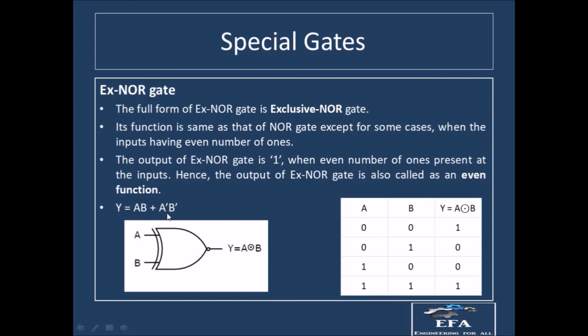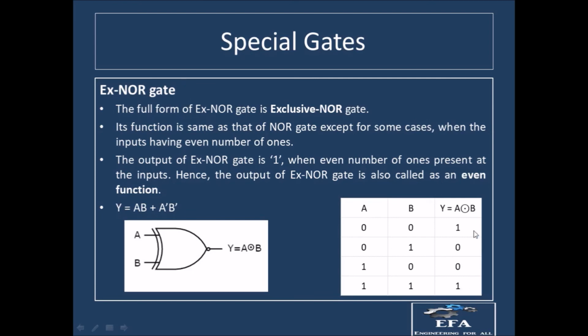Looking at the truth table, wherever the entries are different, we have the output equal to 0, and wherever the entries are the same, we have the output equal to 1. So this is the exclusive NOR.